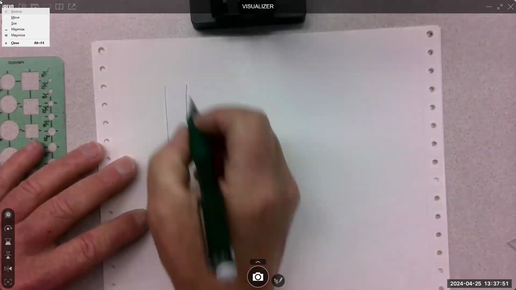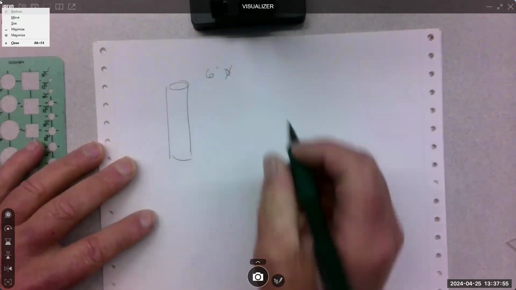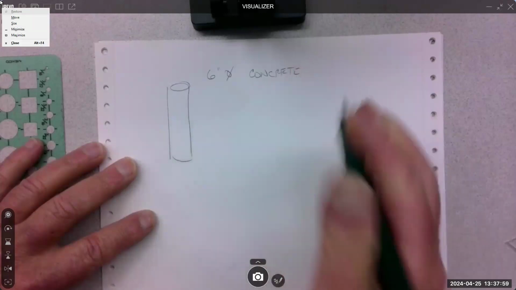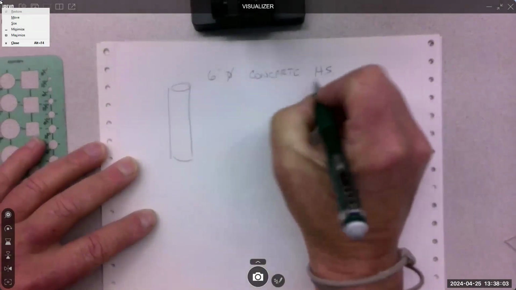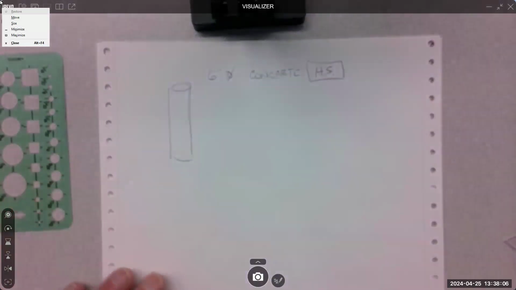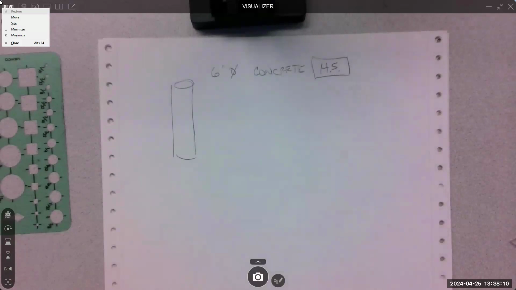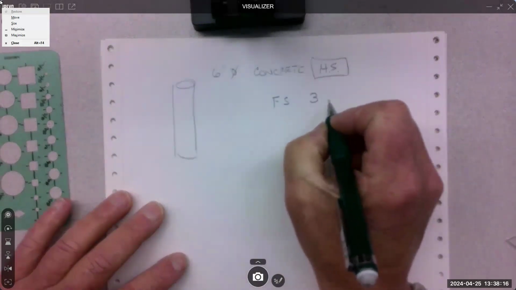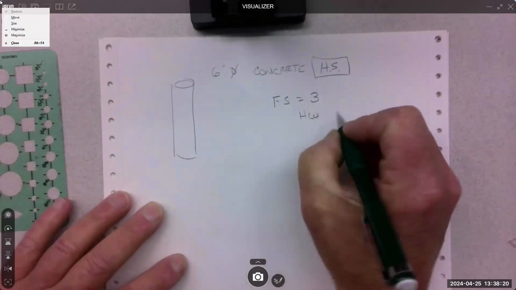And this is a 6-inch diameter concrete, high strength, because there's 2 concretes in the book. There's high strength and low strength, or average strength. How much, with a factor of safety of 3, how much load can we put on?